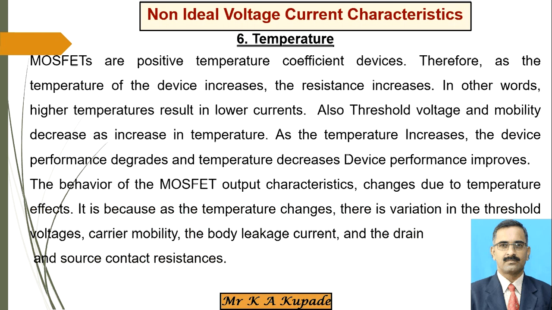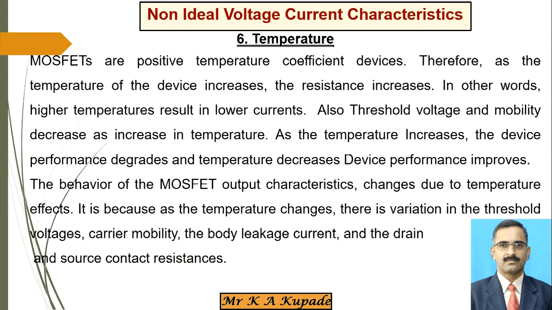So the behavior of MOSFET output characteristics changes due to temperature effects. As the temperature affects the MOSFET, its characteristics also change, because resistance increases, current decreases, and other parameters change. So you get a difference in the output characteristics.